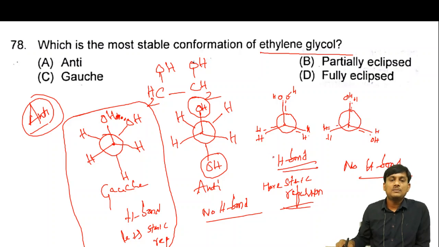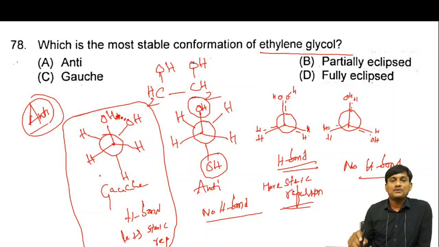There is a little stability due to the hydrogen bond, but it is dominated by the destabilization due to OH group and hydrogen repulsions. That's why the fully eclipsed form is less stable when compared with gauche.